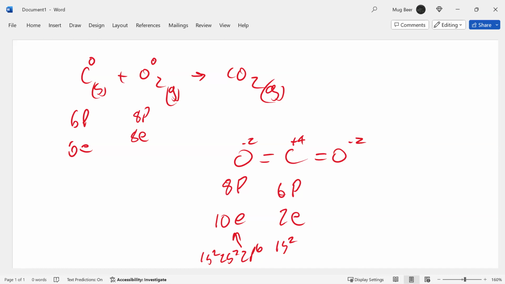This was by itself, this was by itself, and now it's mixed together. So I've increased the chaos and I've lost energy, lost H. So this reaction is very spontaneous. Okay, so the oxygen gained 2 electrons, and what happened to its charge? It went down, and so we say that was reduced.